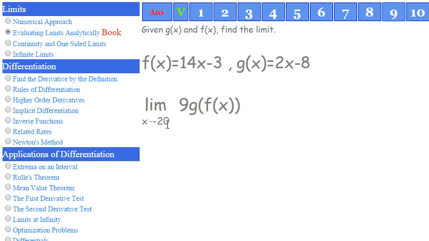What do we got here? We got the limit as x approaches 20 of 9 times g composed of f of x. Let's try to remember what this says, because I'm going to have to rewrite this.